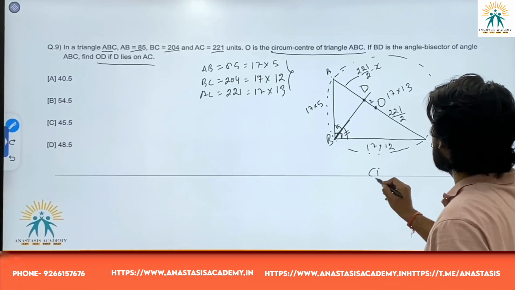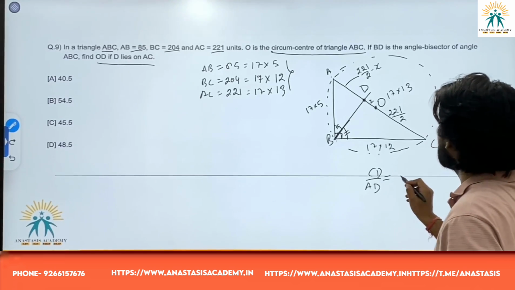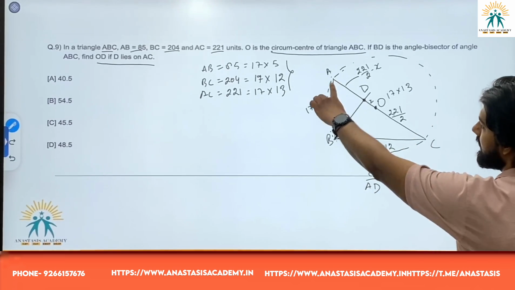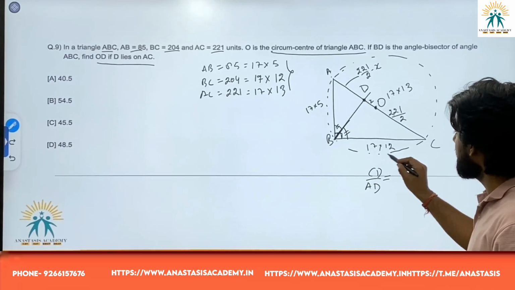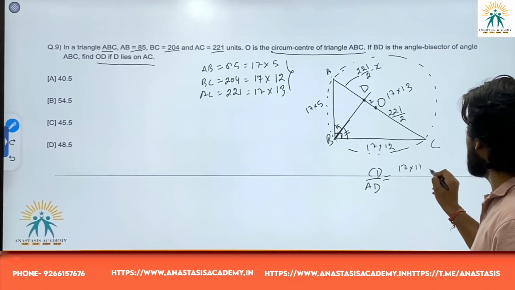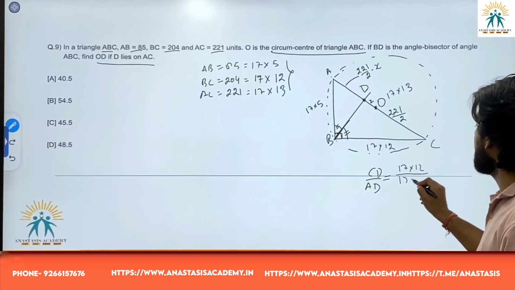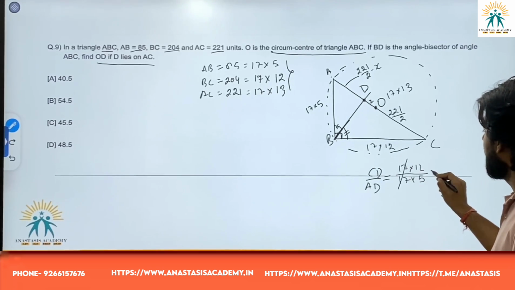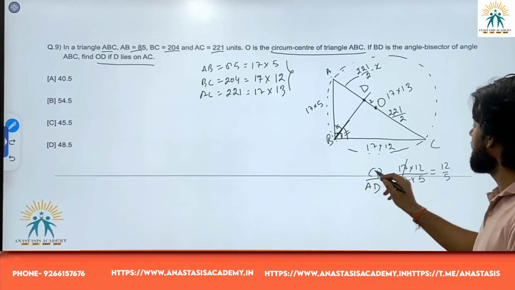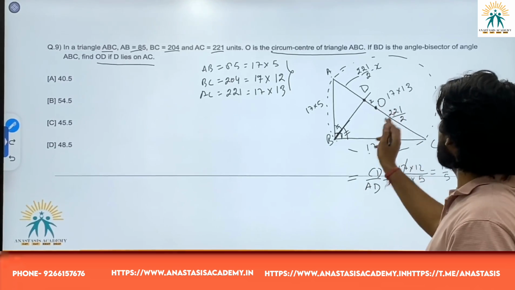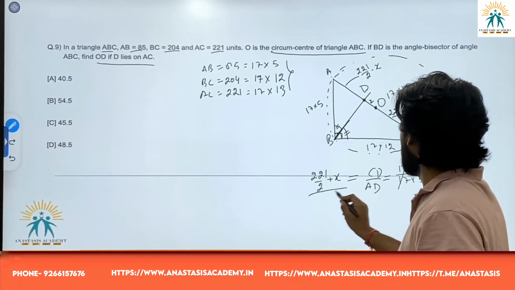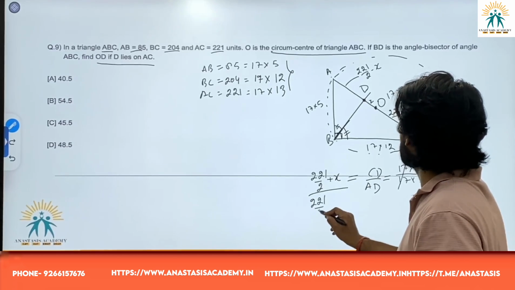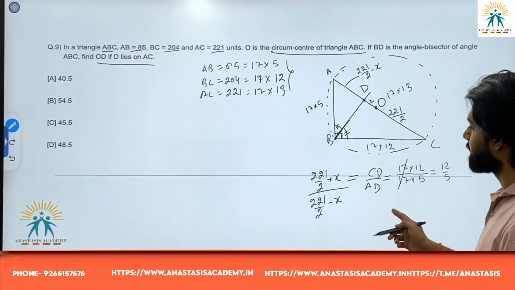So CD is to AD will be the ratio of the lines containing that angle, which is 17 into 12 and 17 into 5, that is 12 by 5. I know CD is 221 by 2 plus X and AD is 221 by 2 minus X.